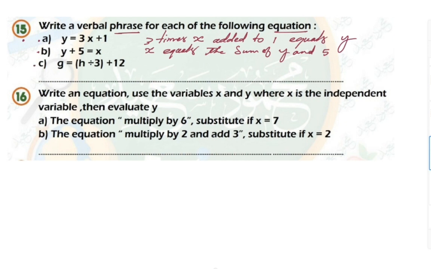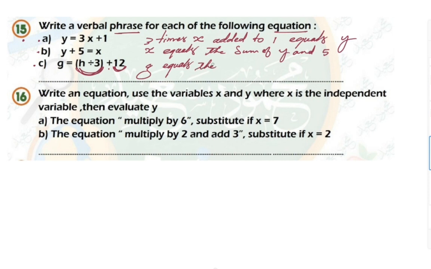That's it. Last point, C. G equals h divided by 3 in parentheses plus 12. I can write it as G equals the sum, starting with the summation between 12 and the parentheses.